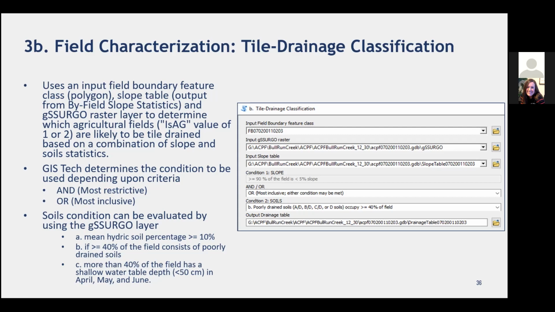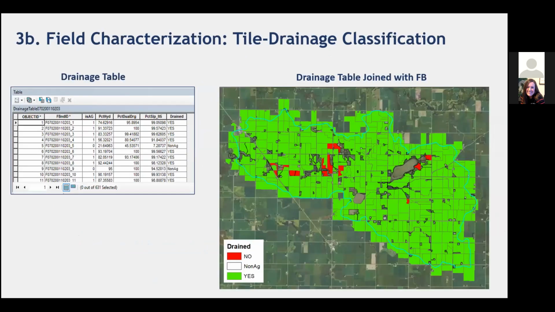And then the other option, which was just recently added to the tool set, is more than 40% of the field has a shallow water table depth, which is less than 50 centimeters in the months of April, May, and June. Now, this isn't saying for sure that the field is in fact tile drained.